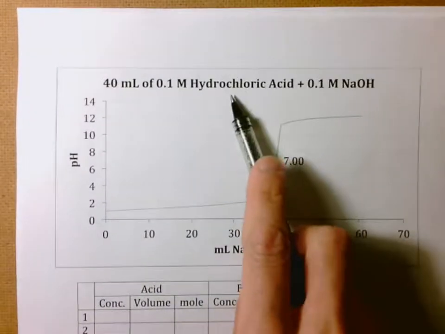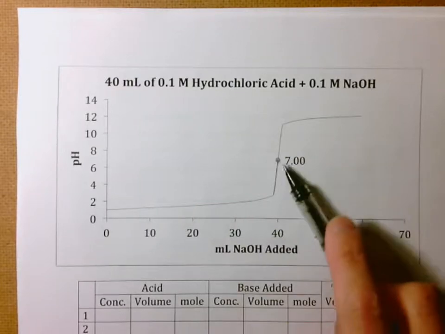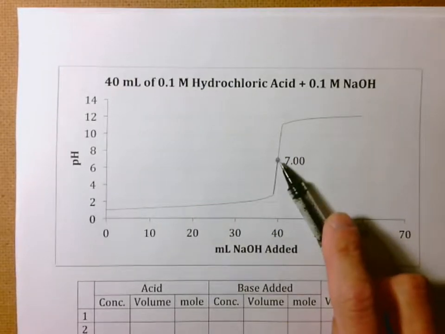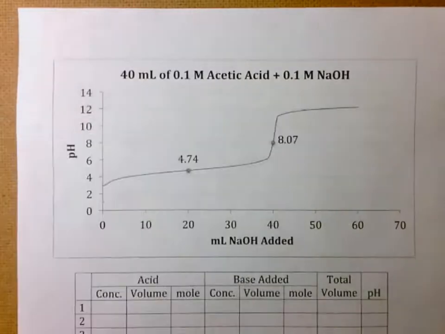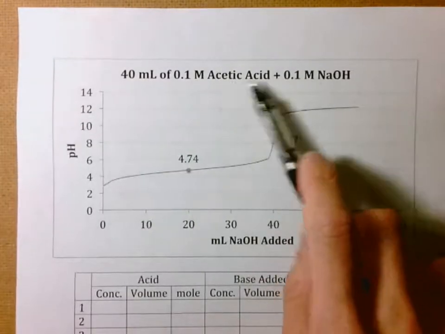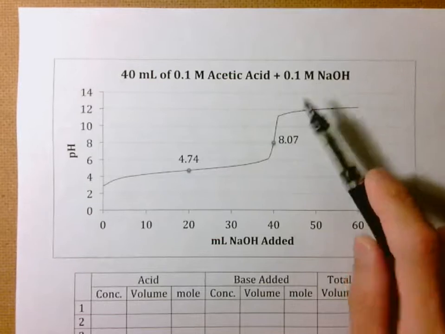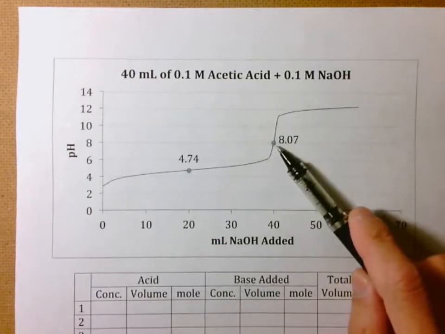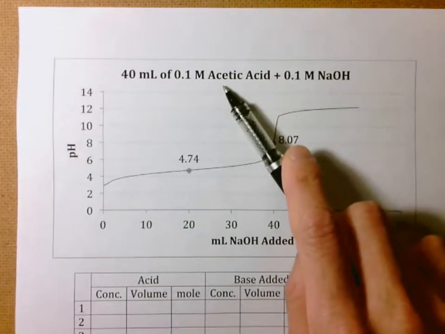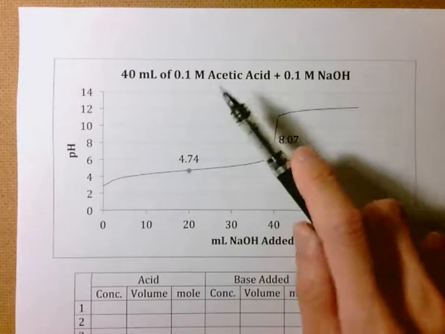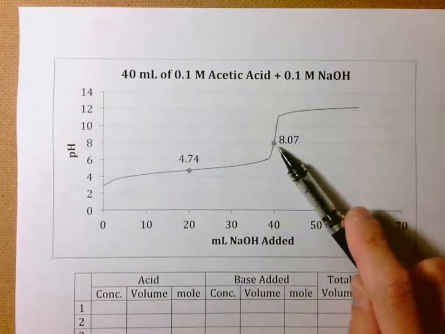Strong acid, strong base reaction, the equivalent point is pH 7. Weak acid, strong base reaction, the equivalent point is greater than 7 because the conjugate base is basic enough to hold on to the proton. So it is not neutral, it is basic.